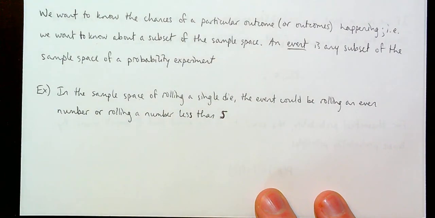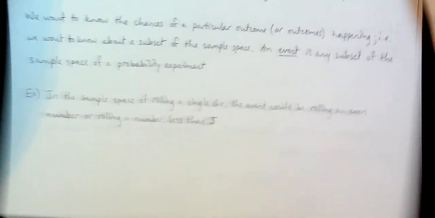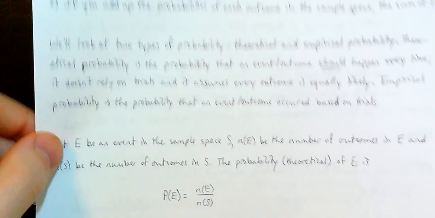It could be the probability of rolling a 7, something like that. But that's just our first basic introduction into the concept of probability experiments, sample spaces, events, outcomes, all those things.